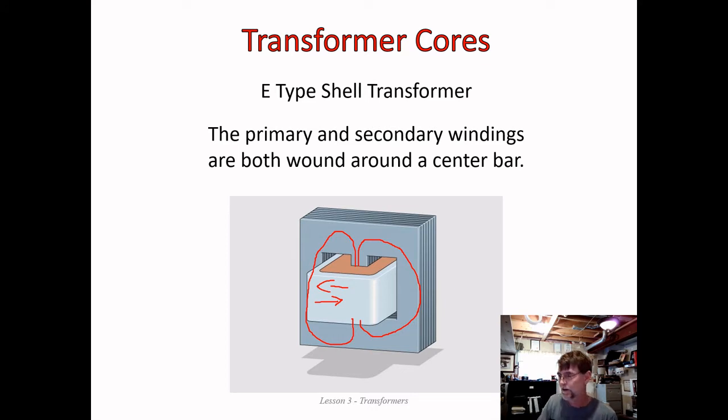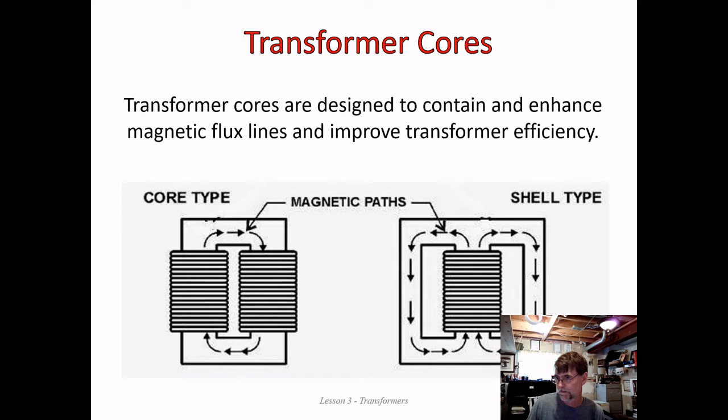Okay. Now, we can move one step beyond the E-type shell. Oh, good. So here, I was hoping, this is the picture I was looking for. Good. So here's a comparison between our core type and our shell type, and we can see the lines of flux through the core material.